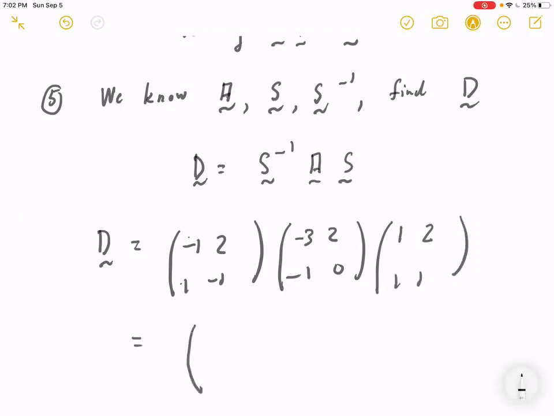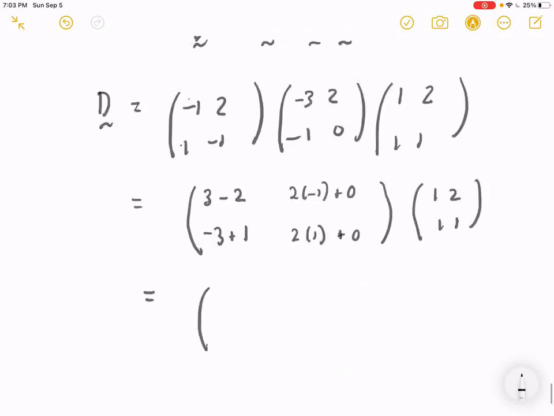All right, let's multiply the first two matrices together. So that's 3 minus 2 for the 1, 1 matrix element, minus 3 plus 1 for the 2, 1 matrix element. 1, 2 matrix element is going to be 2 minus 1 plus 0. And the 2, 2 matrix element is 2 times 1 plus 0. I have to multiply that by this.